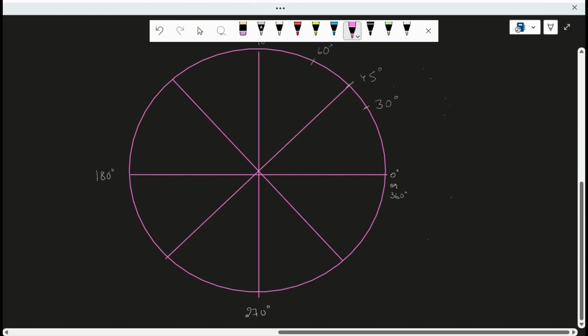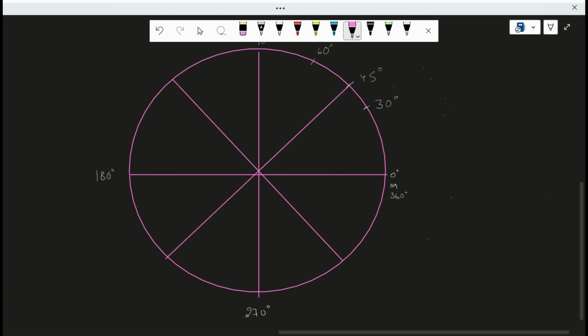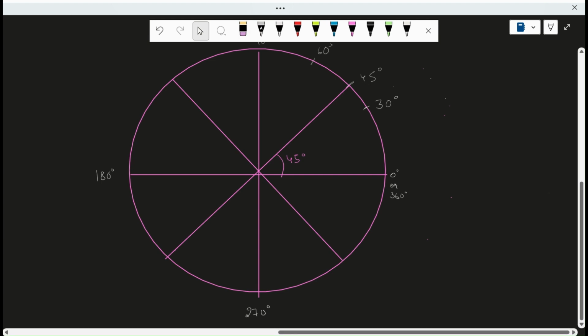Now what do I see? When I bisect this particular quadrant, that is our first quadrant, there will be an angle of 45° here, right? Since this complete quadrant is of 90°.